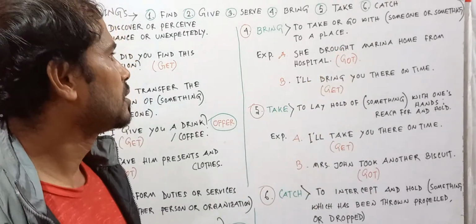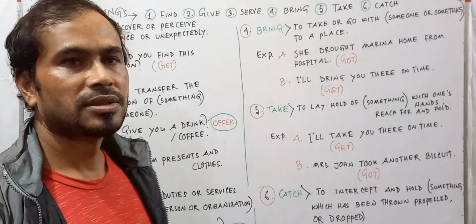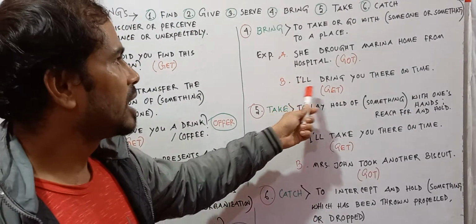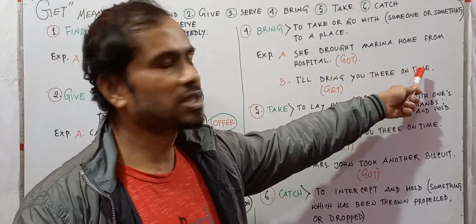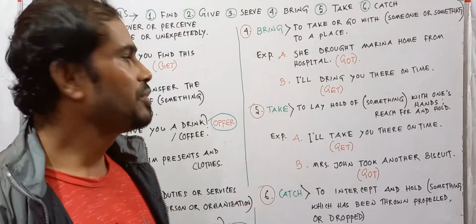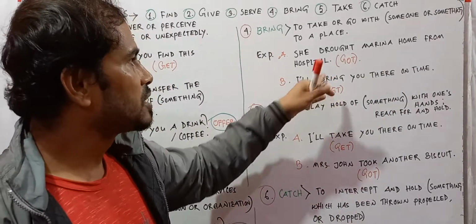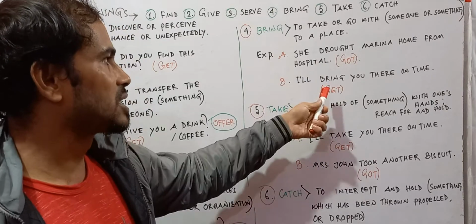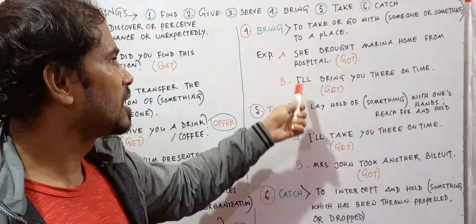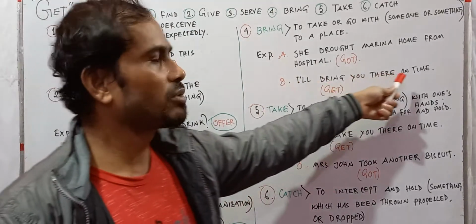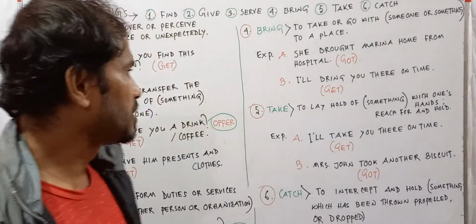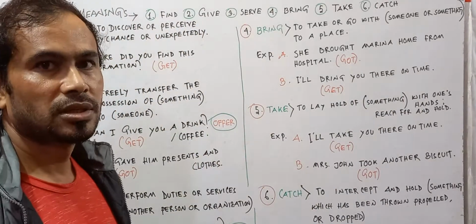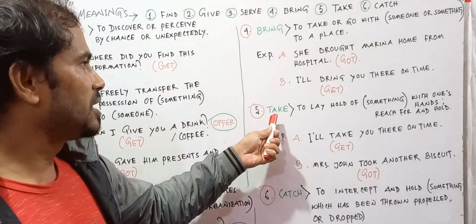Okay, so the next statement is I'll bring you there on time. Instead of using bring in this statement, we can use get. So the sentence is I'll get you there on time. Okay, so friends, let's talk about the next verb, which is take.